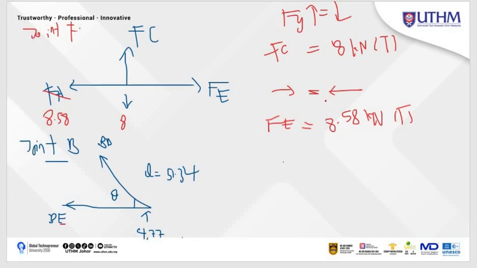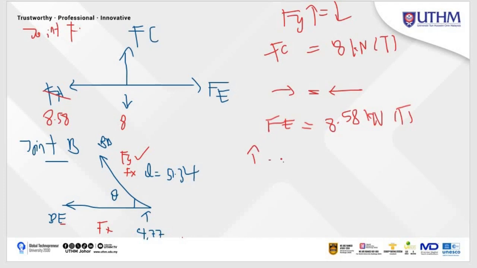So which equation of equilibrium can you start with, Fx or Fy? BE is in the Fx direction. Member BD has two unknowns, in Fy and Fx, because we have the angle. From the comparison, only Fy has one unknown, so we start with Fy.